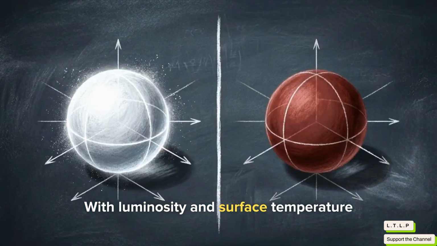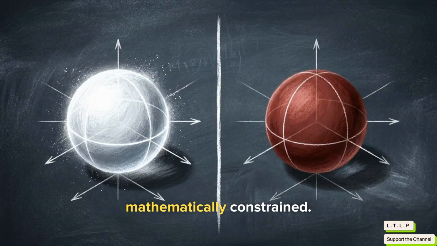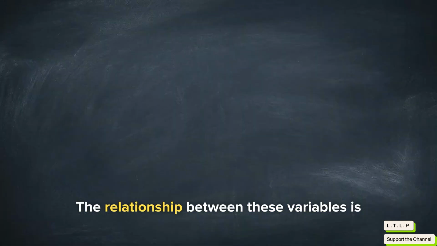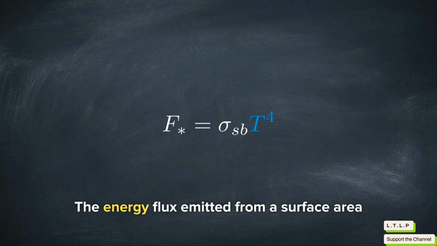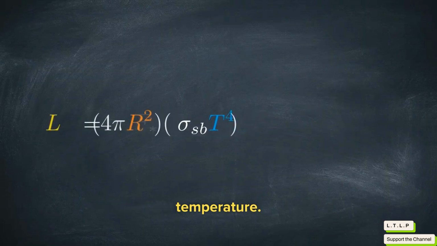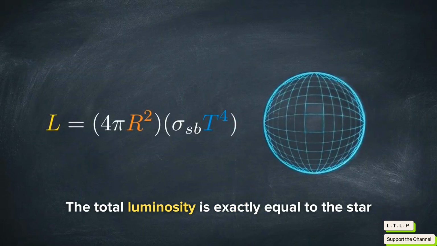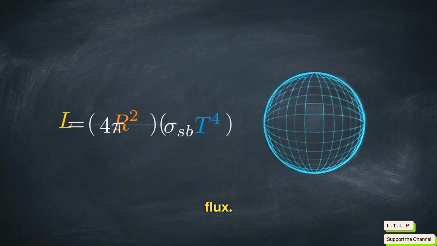With luminosity and surface temperature solved, the physical size of the star is heavily mathematically constrained. The relationship between these variables is dictated by the Stefan-Boltzmann law. The energy flux emitted from a surface area scales sharply with the fourth power of its temperature. The total luminosity is exactly equal to the star's surface area multiplied by this temperature flux.